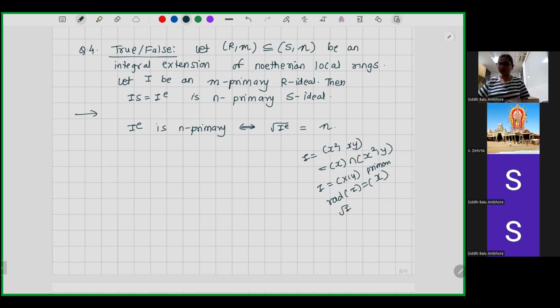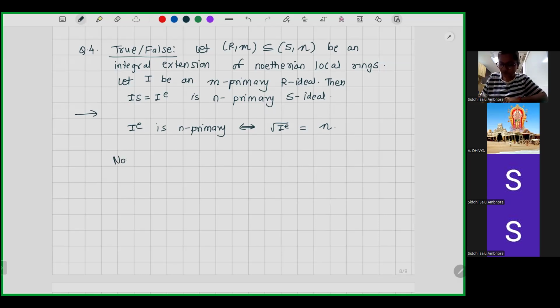So when I have the radical of I to be a maximal ideal, then this happens. I hope you understand, since we are talking about only maximalness, this happens.